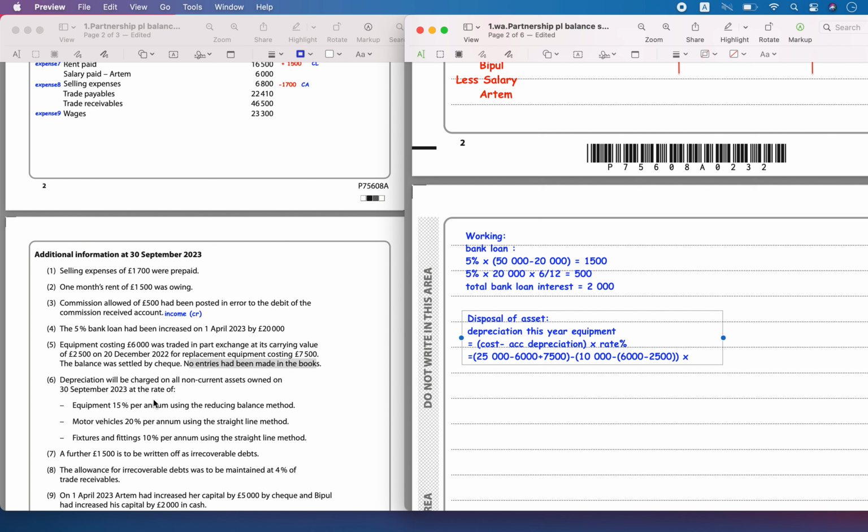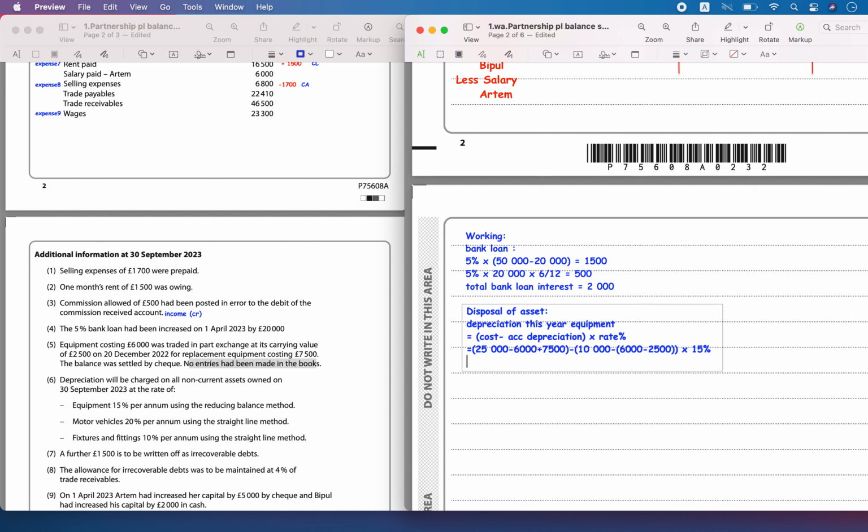The rate of depreciation was at the rate of 15% per annum. So that is equal to 25,000 minus 6,000 plus 7,500. So the value is going to be equal to 25 minus 6 plus 7.5. So that is equal to 26,500.